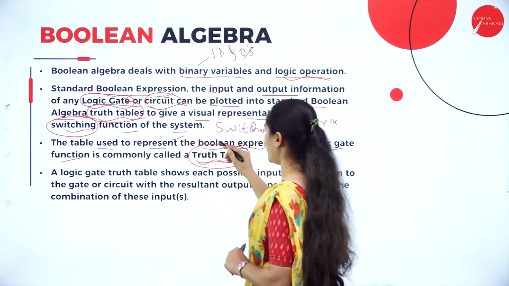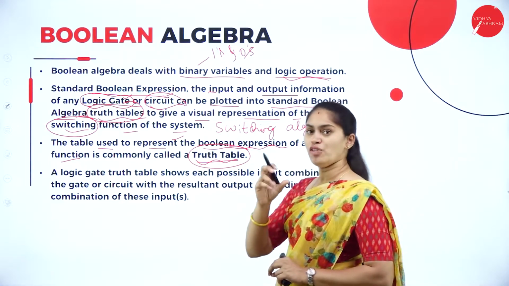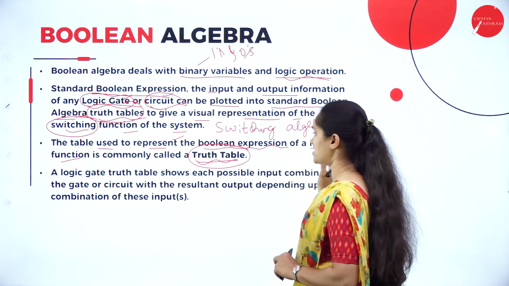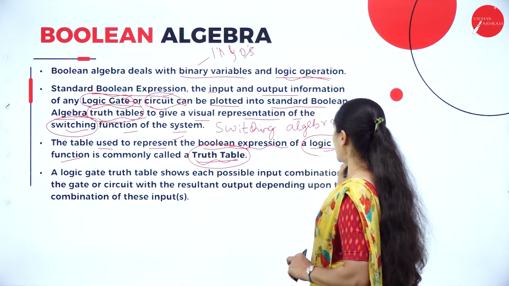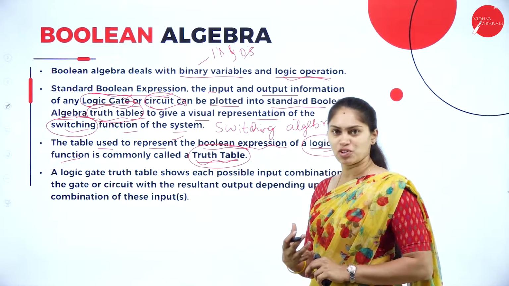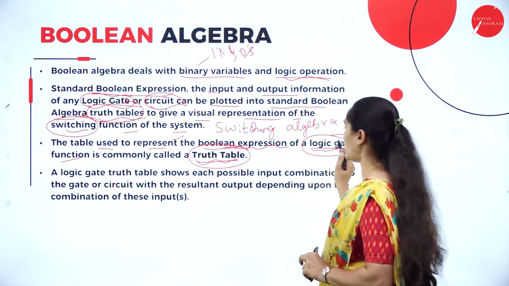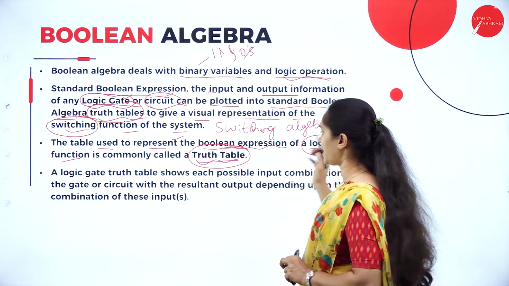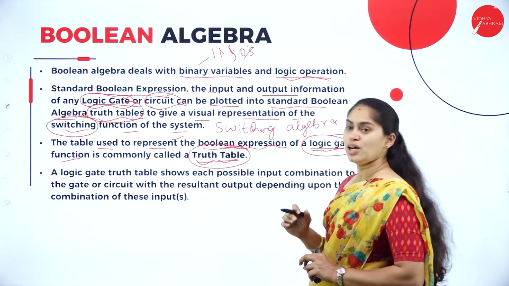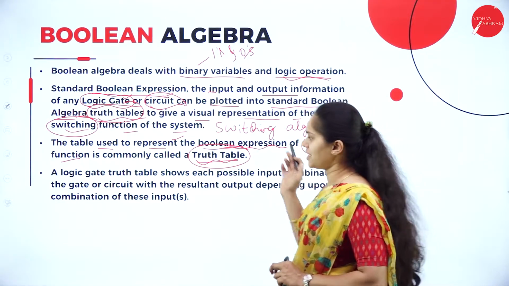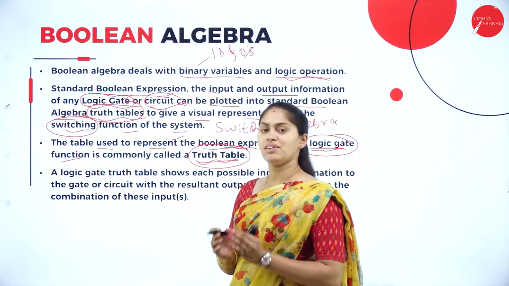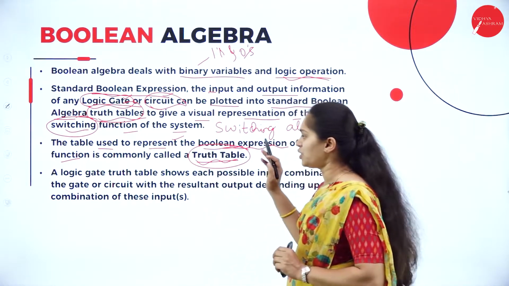It is a representation of the Boolean expression of a logic circuit or a logic gate. We have a logic gate that performs some operation, and we represent the Boolean expression of that logic gate with a table. We call that kind of table a truth table.